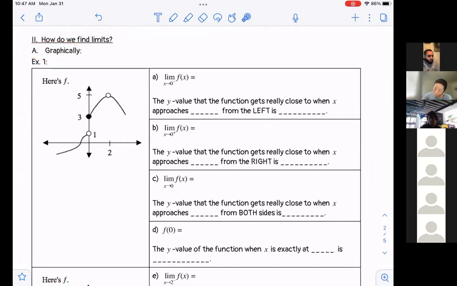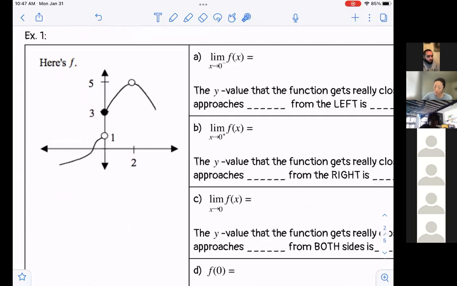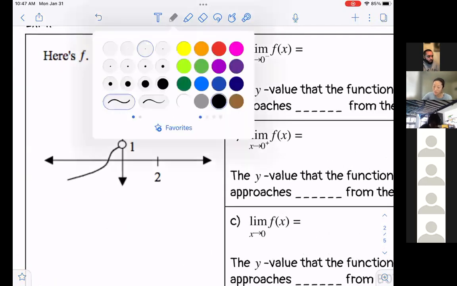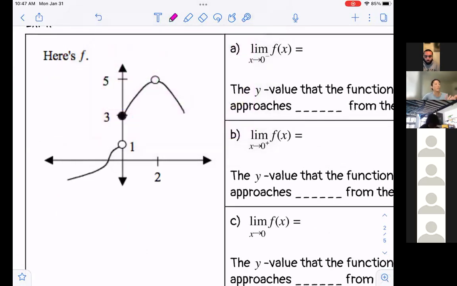Okay, so here is our picture. All right, this is the picture that we're going to use. And if you were to just look at the picture right now, and just like we did for our warm-up activity, can you tell me some x values that feel a little weird?